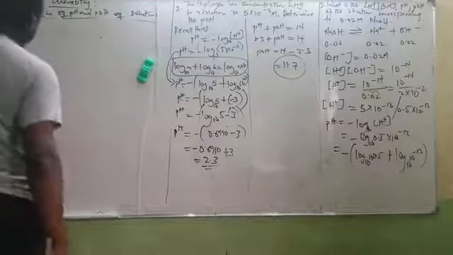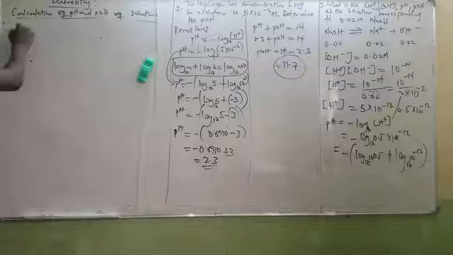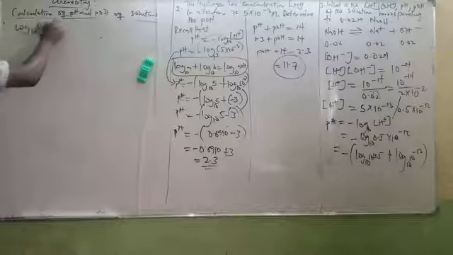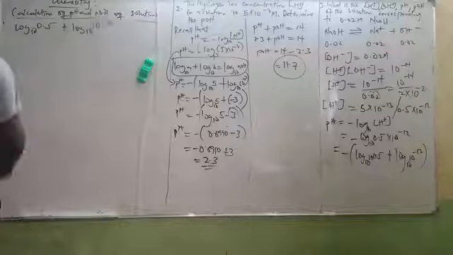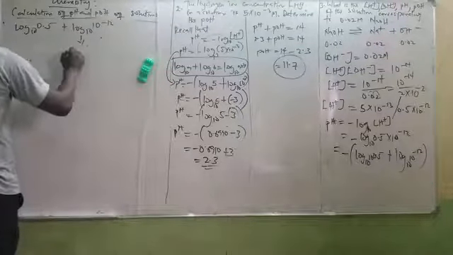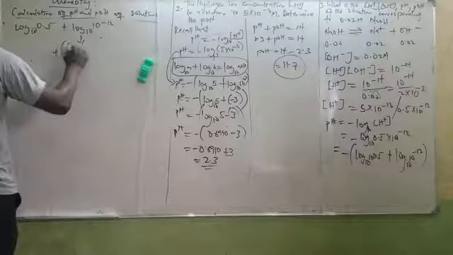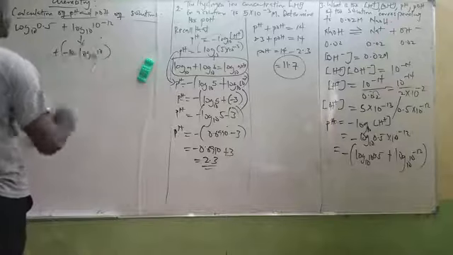So let's just continue right here, and let me just write it again. We have log 10 of 0.5 plus log 10 of minus 12, right? So we know that this we could have minus 12 log 10, which will give us 12, because this will be equal to 1, right?